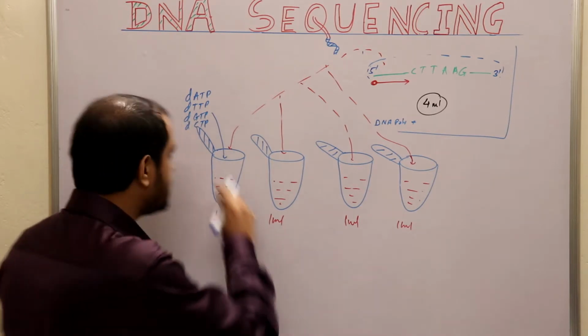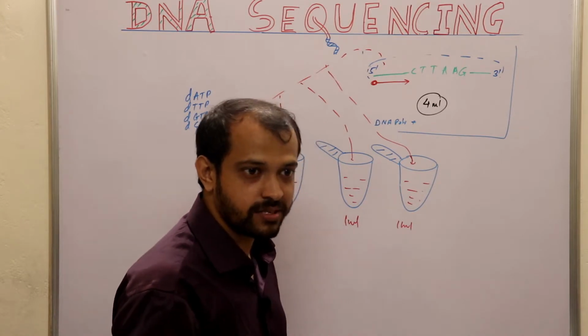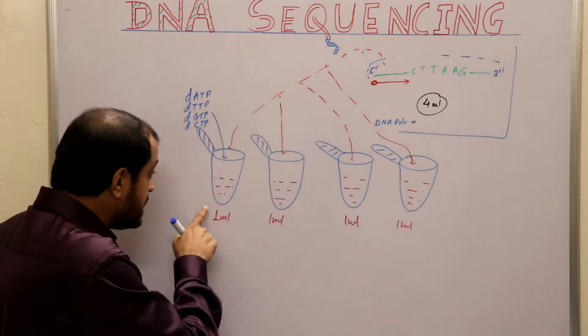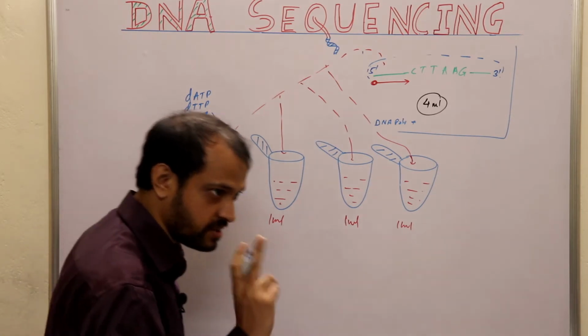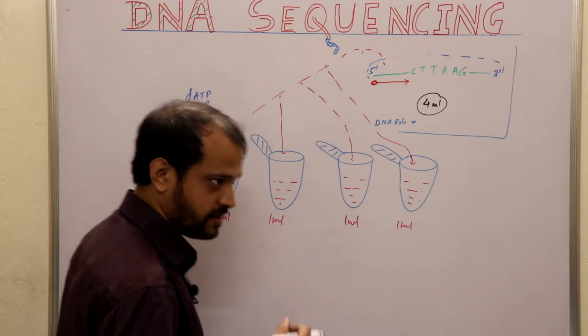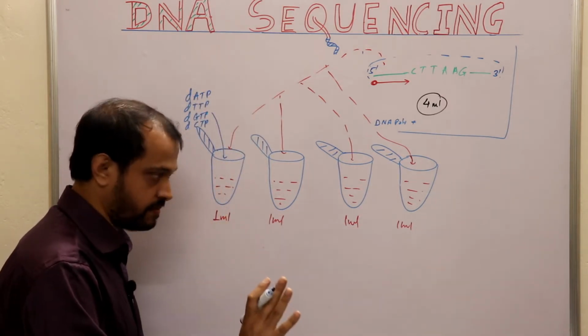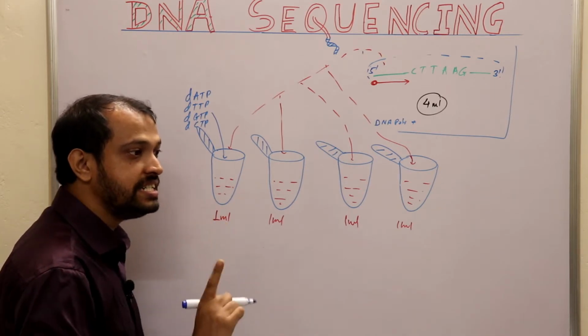Now listen, I have only added deoxyribonucleotides. Where is the dideoxynucleotides? Now listen with all your attention. This is the unique thing about this particular sequencing. If you don't understand this, you will never understand Sanger sequencing. In each test tube, just add 1 ddNTP at a time.